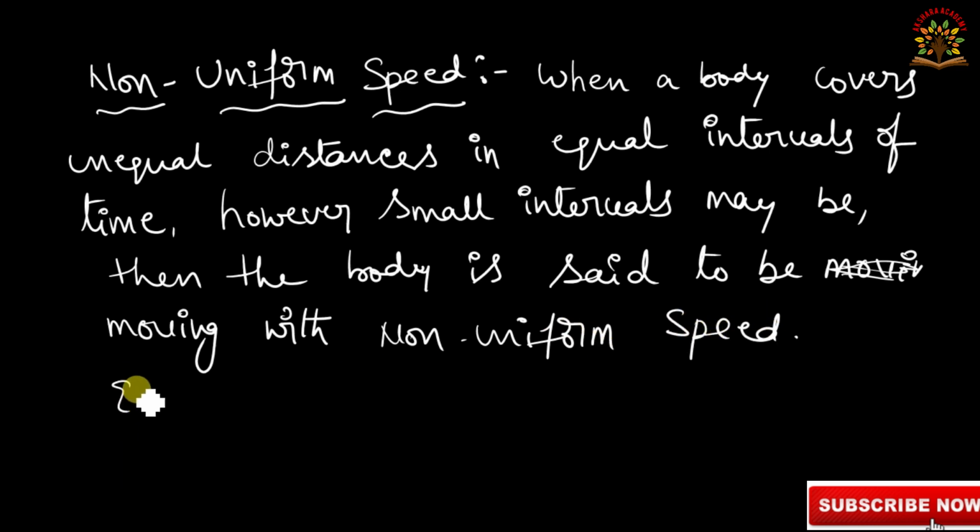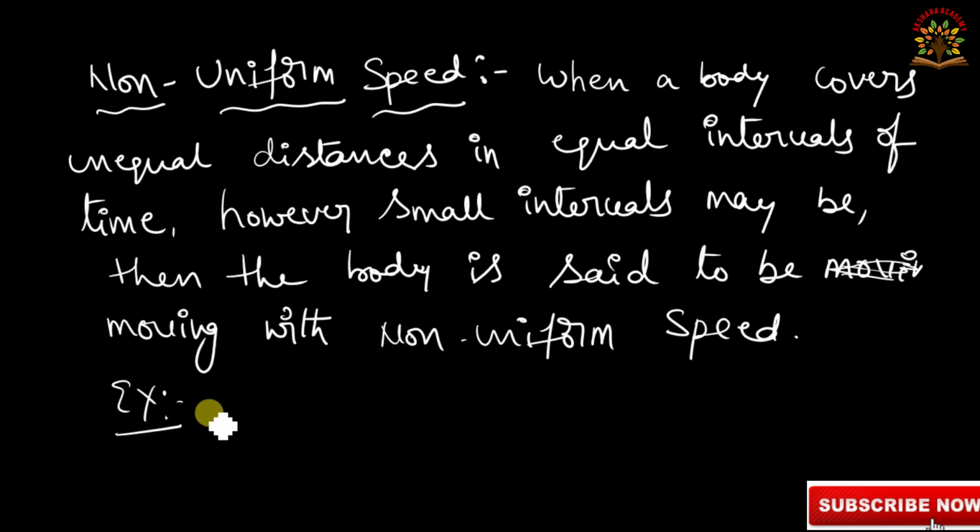Okay, understood? I think once again we will revise this. Non-uniform speed is when a body covers unequal distances in equal intervals of time, however small the intervals may be, then the body is said to be moving with non-uniform speed.